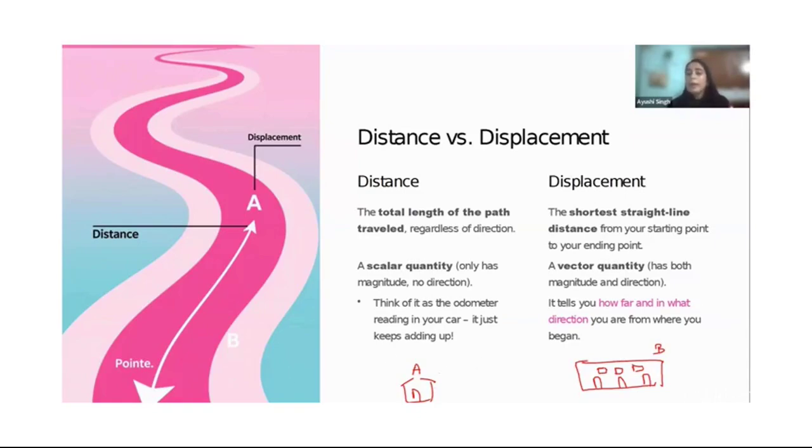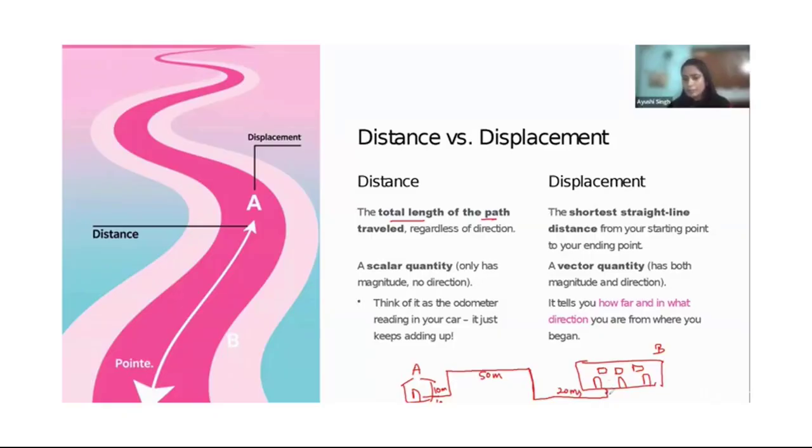Now you have a path to follow. You first go straight, then you go left, then maybe again right. Then you go straight, and after that you go right, and then again left, and then you reach your school. So that is the total length of the path traveled by you. Suppose this is 10 meters, this is 50 meters, and this is, let's say, 20 meters.